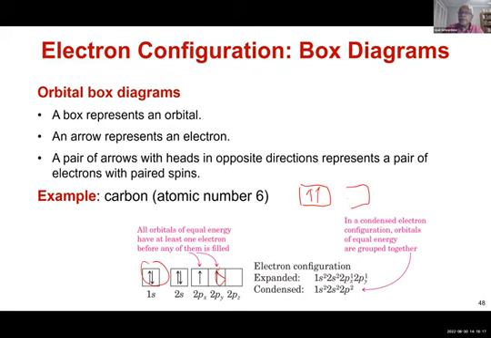When you put 2 electrons in a box, they have to be paired. If you have 1 electron in an orbital, it is an unpaired electron. There's no second electron pair. For example, this is again carbon. Now we normally abbreviate, only look at this part. This is the helium.